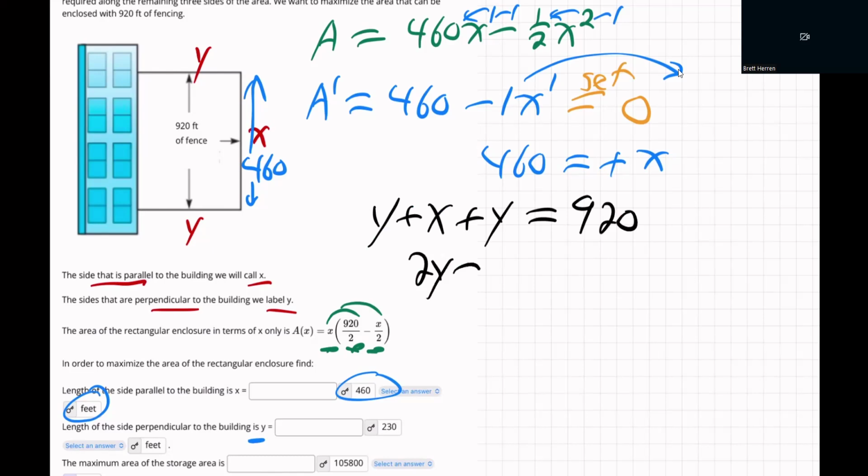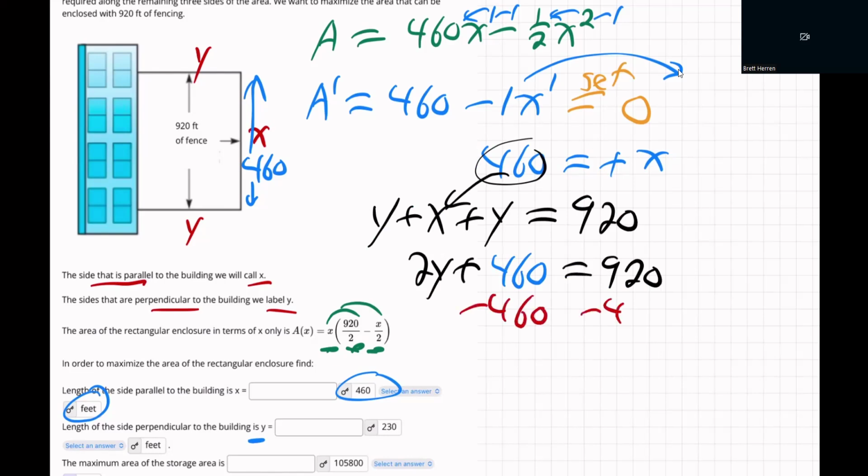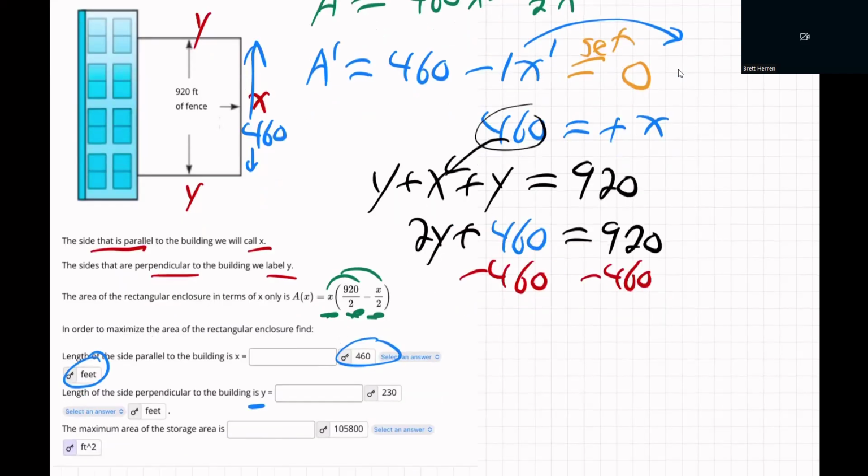That means 2y plus x, and x is 460, has to equal 920. Subtract 460. Boom. 2y is 460.